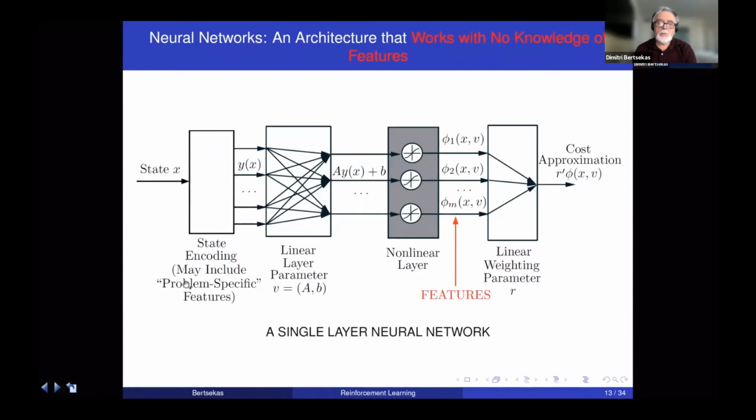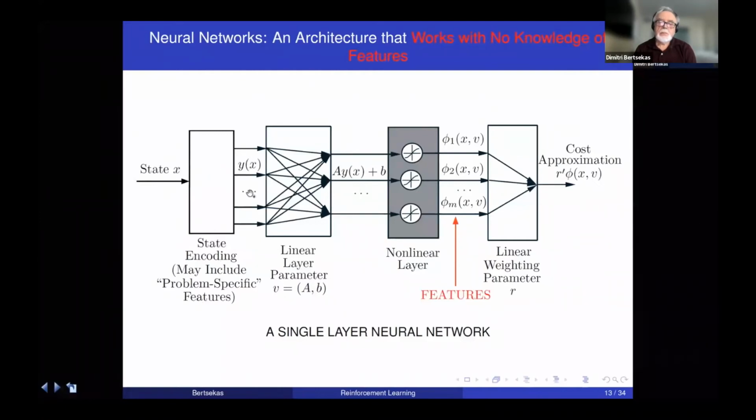Also, y sub x may include some problem-specific features that we may know are valuable, but they are not enough by themselves to give a suitable architecture. We want these problem-specific features to supplement the neural network. All of this is done in this box here.